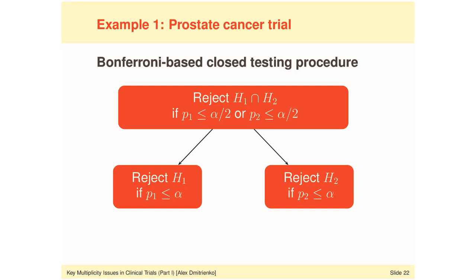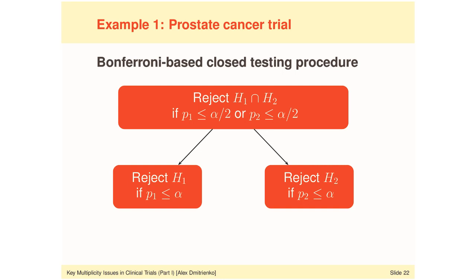Since we said that we would be using the Bonferroni procedure for this intersection, that means that the intersection between H1 and H2 will be rejected by its local test if Bonferroni-based alpha levels are applied, which means that p1 should be less than or equal to alpha over 2, or p2 is less than or equal to alpha over 2.